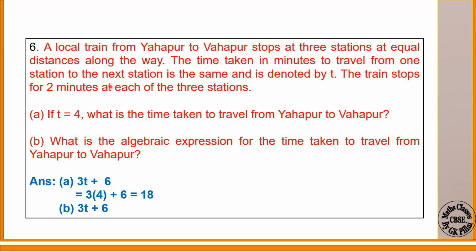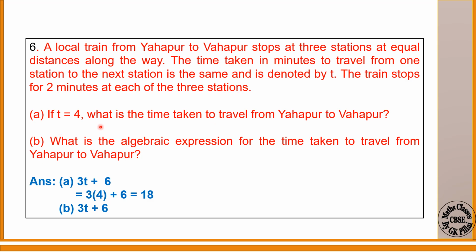The next one, a local train from Yahapur to Wahapur stops at 3 stations at equal distances along the way. The time taken in minutes to travel from one station to the next station is the same and is denoted by T. The train stops for 2 minutes at each of these stations.